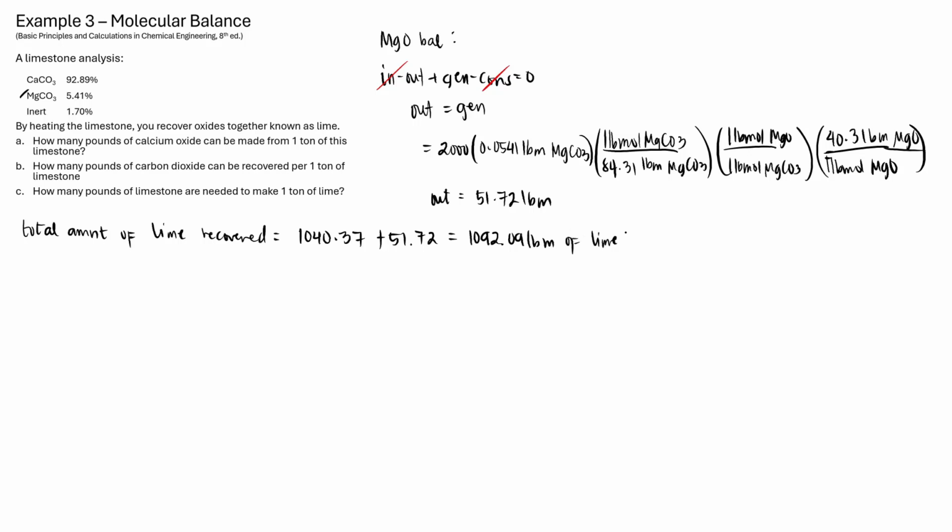Now we can set it up like this. We know that per 1 ton of limestone, I'll produce 1092.09 pounds of lime. I'll replace 1 ton with 2,000 pounds.